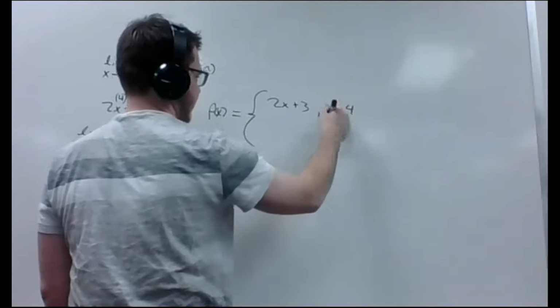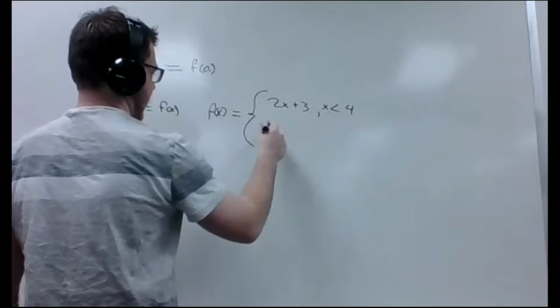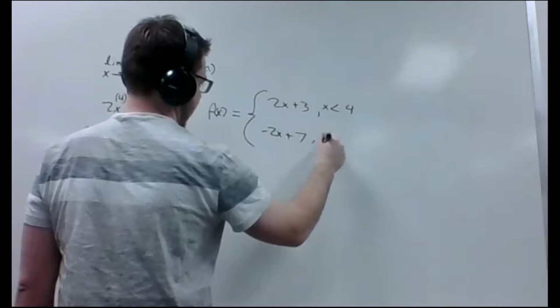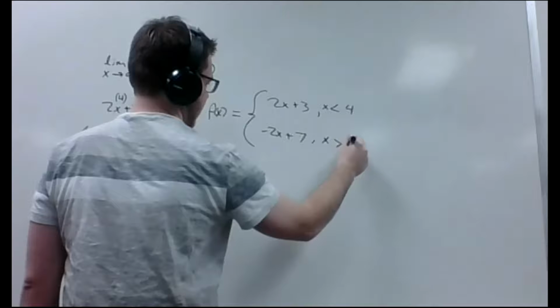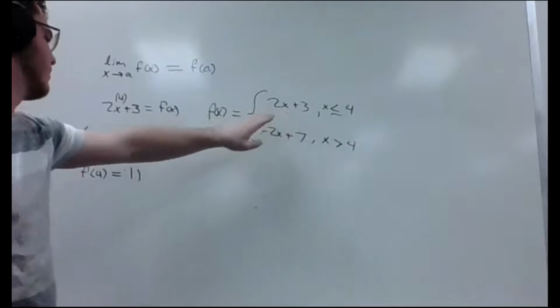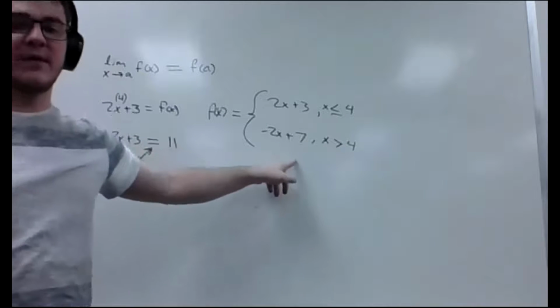But then let's say it's negative 2x plus 7 for any x less than or equal to 4. But anything greater than 4 is now a different function, right?